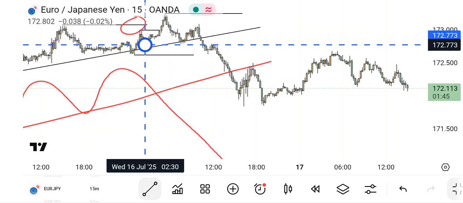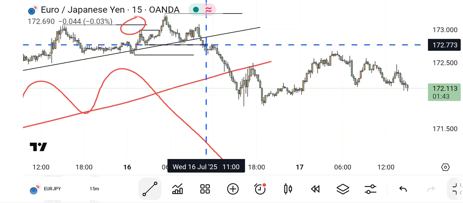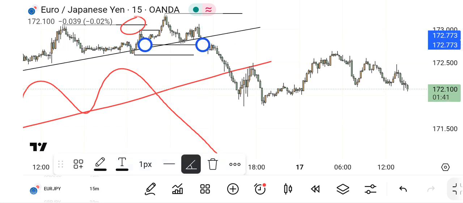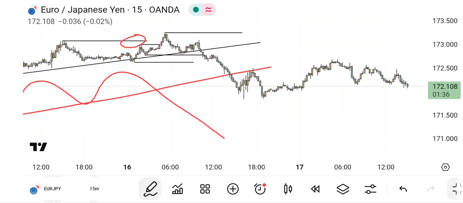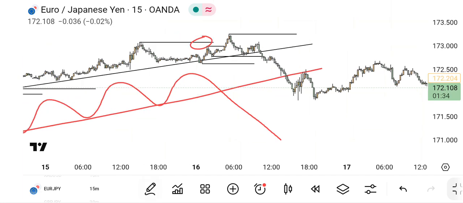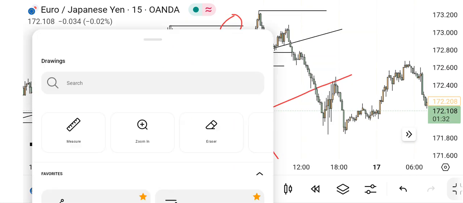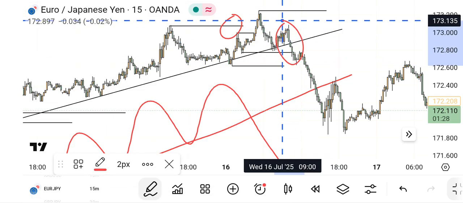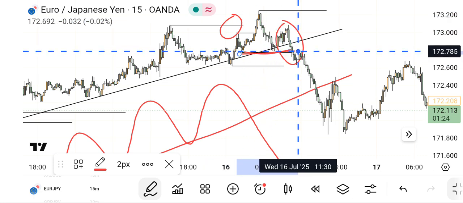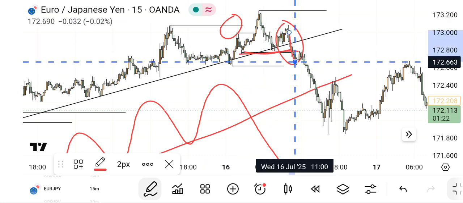This low, this one that broke the trend line. This candlestick that broke the trend line, it broke the structure as well. Then we are expecting a retracement back to the trend line.